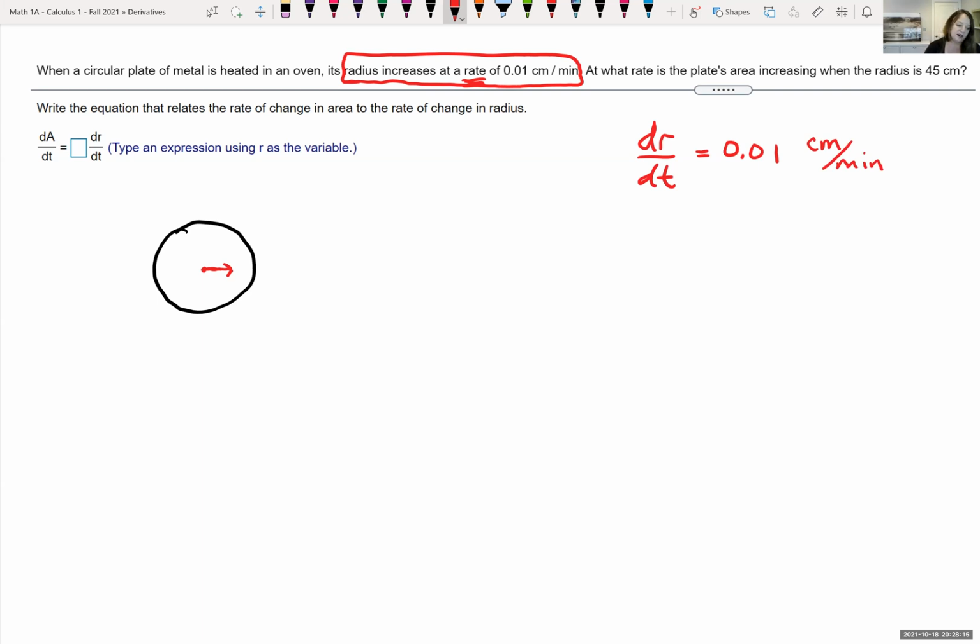And we want to know at what rate is the plate's area increasing. So we want to find the rate of change of the area, so dA dt. And we want to evaluate this when our radius is 45 centimeters.